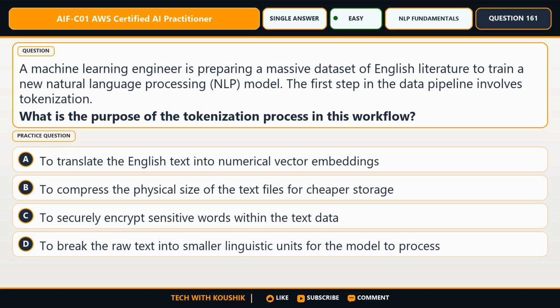Option A. To translate the English text into numerical vector embeddings. Option B. To compress the physical size of the text files for cheaper storage. Option C. To securely encrypt sensitive words within the text data. Option D. To break the raw text into smaller linguistic units for the model to process.